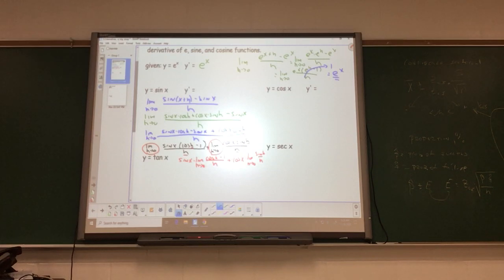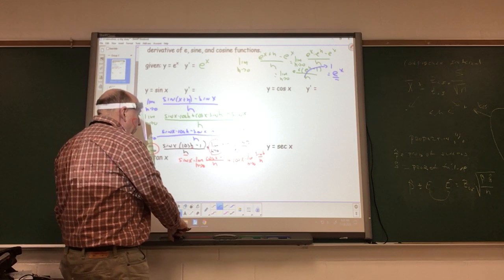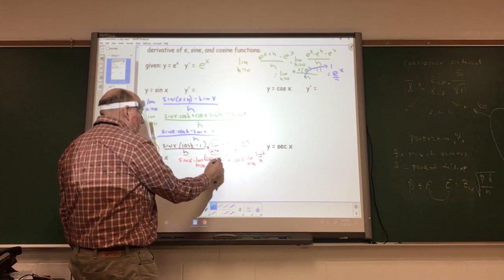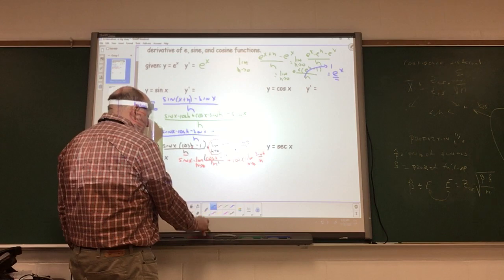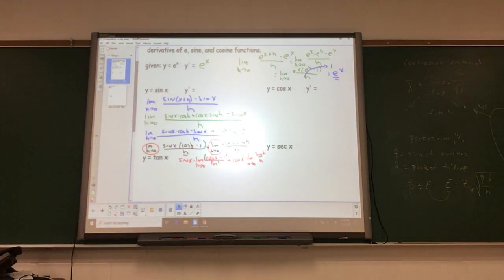Now let's type into our calculator. Y1 is the cosine of h, quantity cosine of h minus 1, divided by h, and see what happens as you approach 0.